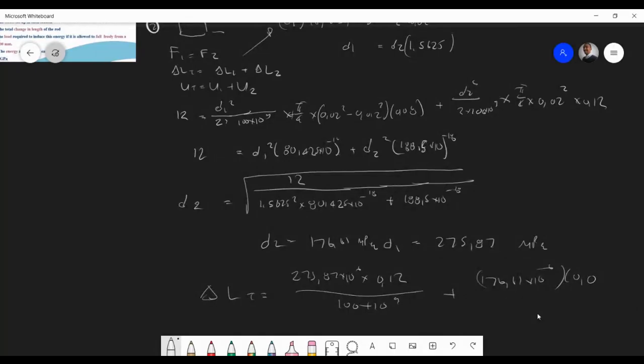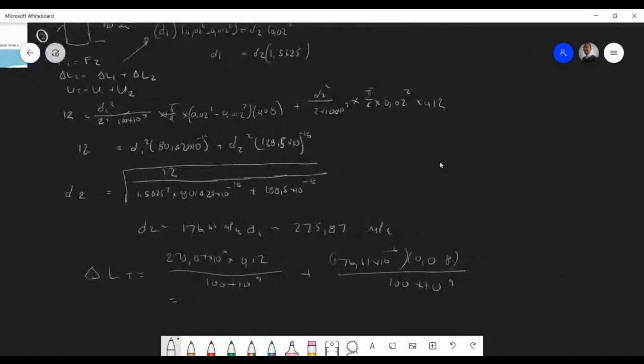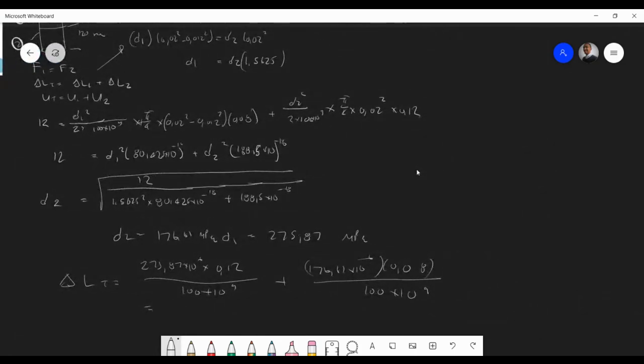That's 0.08, also over 100. And obviously if you just sort this out, you should get your total change in length there. Right? So we can find how much this arrangement has extended by.